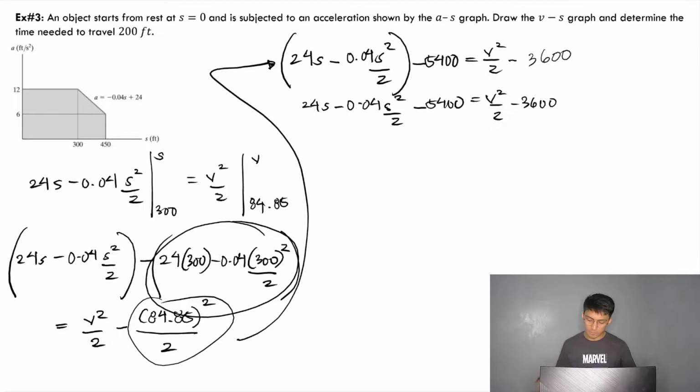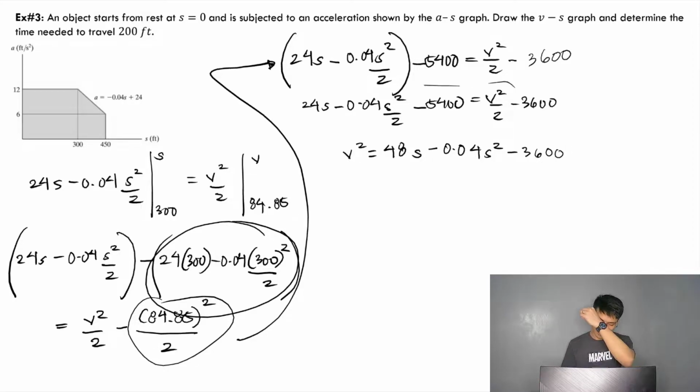Now, solving for v, we put all known terms on one side of the equation and the velocity we are looking for on the other. By simplifying algebraically, we have v squared is equal to 48s minus 0.04 s squared minus 3,600.